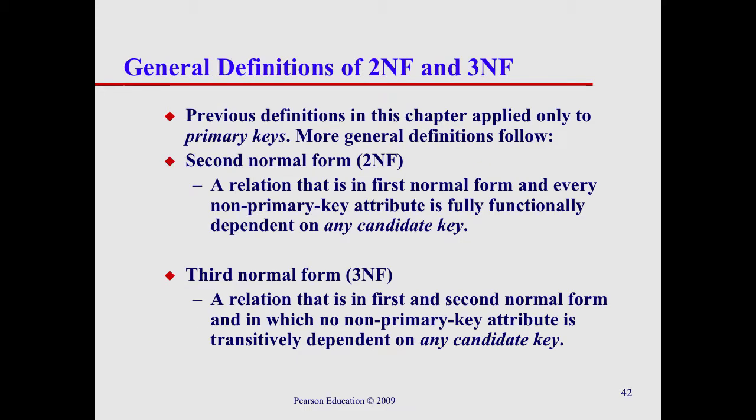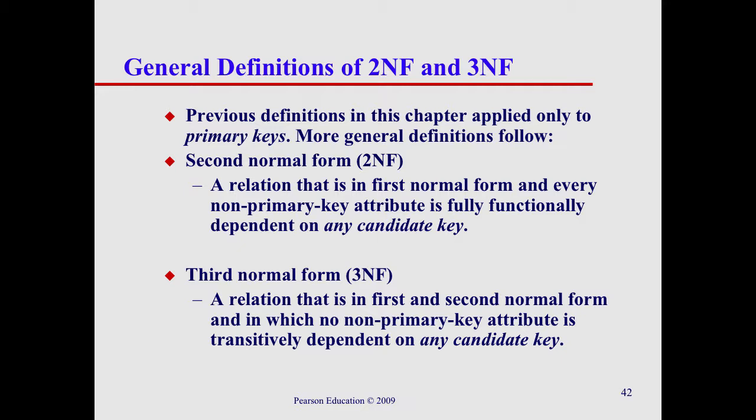Now, what I have been talking about thus far is called primary key normalization, which is that we are normalizing based on the primary key only. There is a more general form of normalization where we not only eliminate partial dependencies on the primary key, but we also eliminate any partial dependencies on candidate keys to get to second normal form.